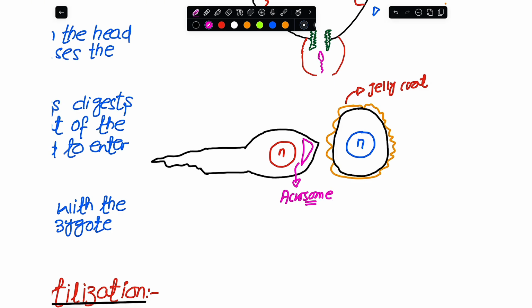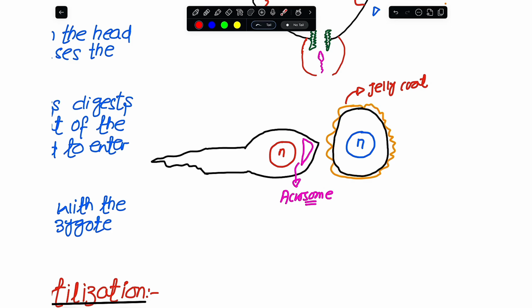And this acrosome has some digestive enzymes in it, which we refer to as the hydrolytic enzymes. So once the sperm cell has approached the egg cell, this acrosome releases the digestive enzymes, and those digestive enzymes digest the jelly coat of the egg cell.